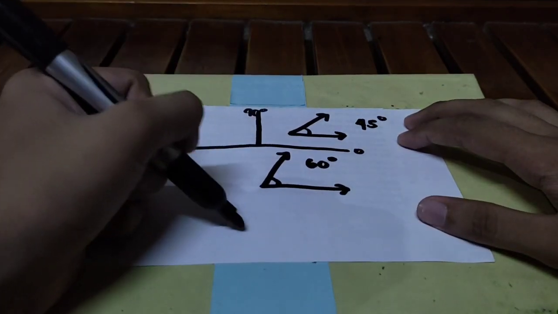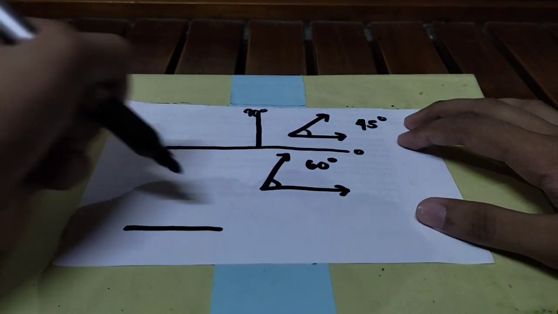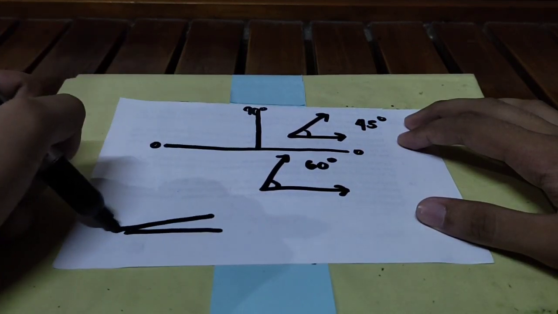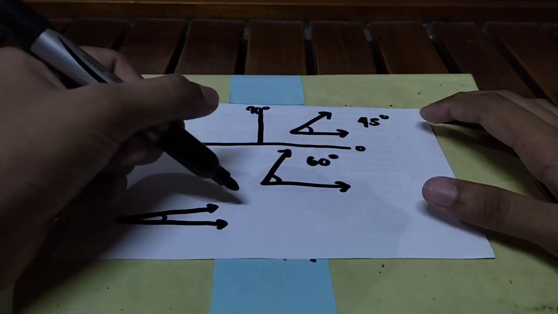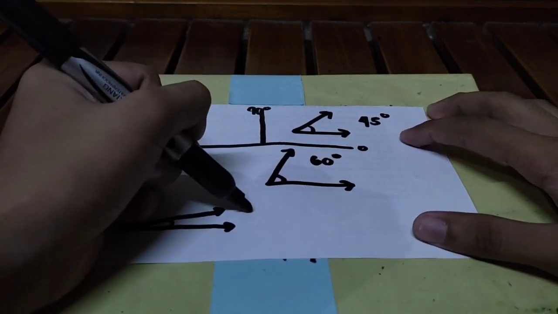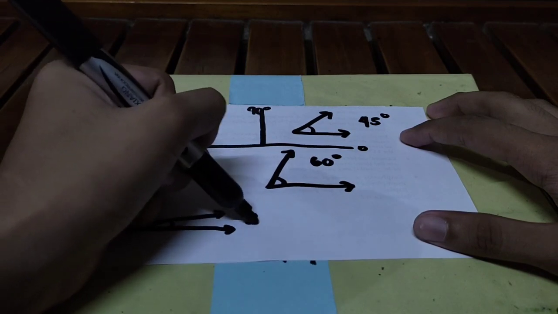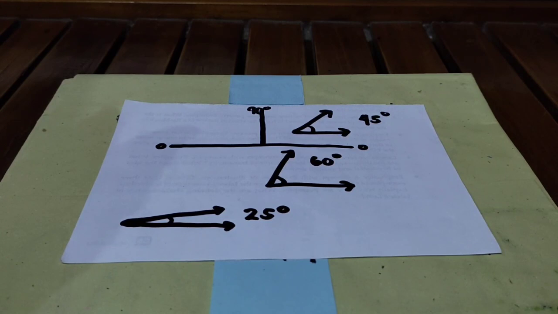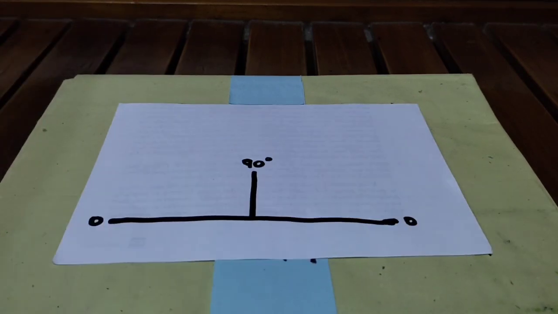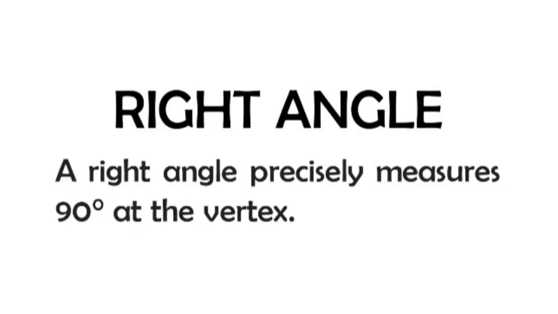Another example, let's say this angle measures 25 degrees. So this is an acute angle. And now let us proceed to the next angle, which is the right angle.